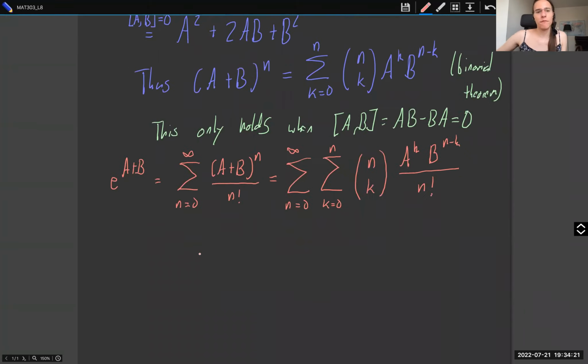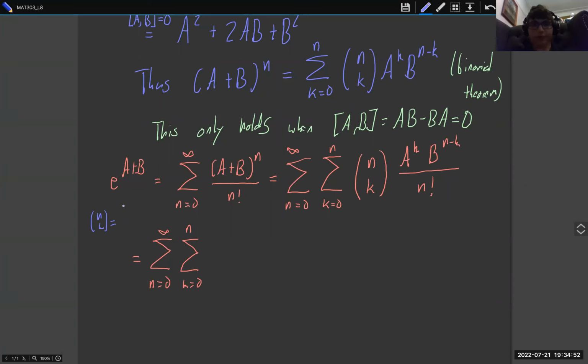However, the binomial coefficient can be expressed in terms of factorials as well. So if we think about it, what is n choose k equal to by definition? n factorial over k factorial times (n minus k) factorial.